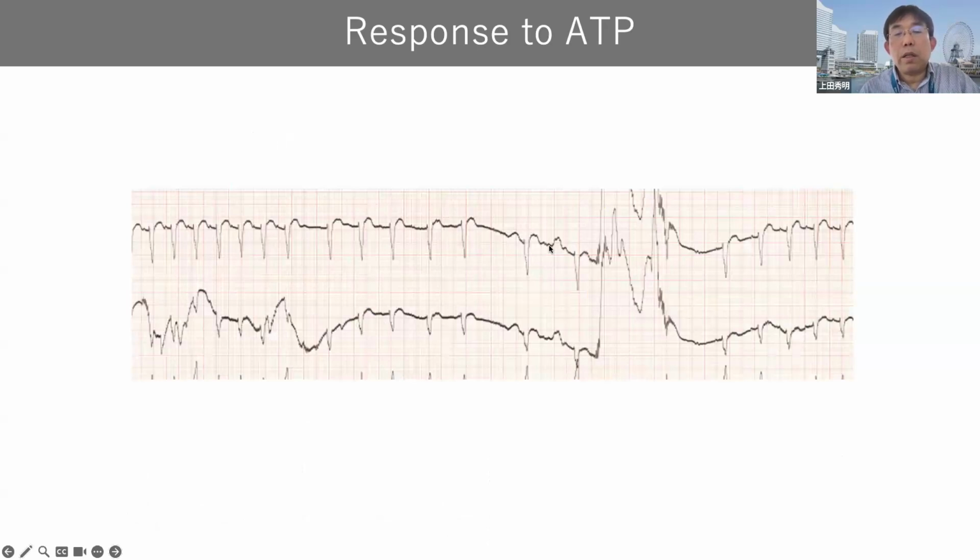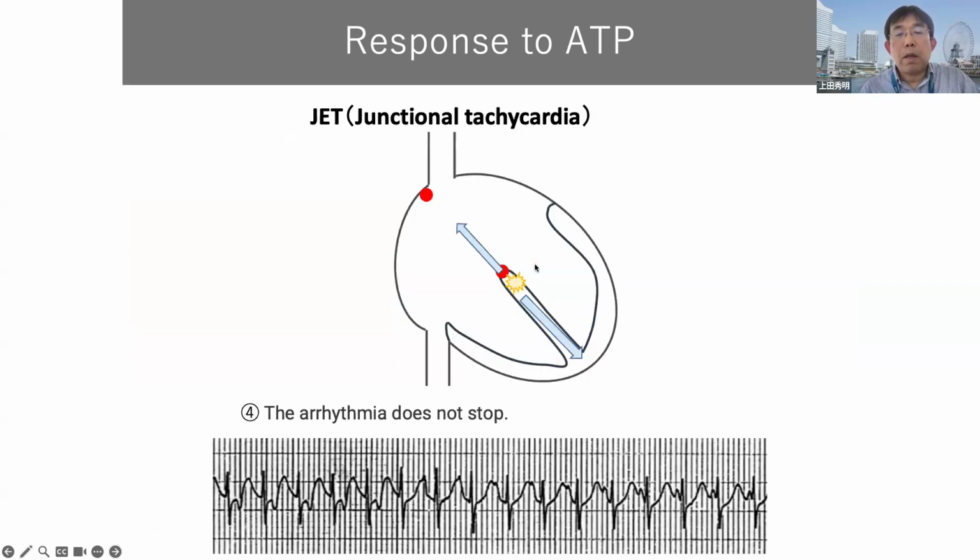Here you can see the delay of the QRS, so the RR interval is prolonged. This is the picture of the jet. And once we give the ATP, it doesn't react at all.